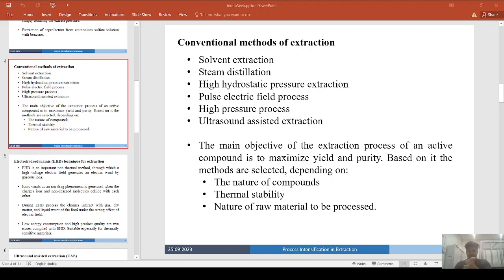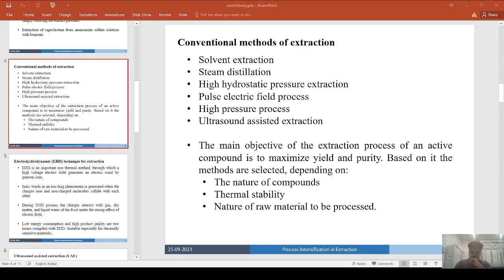Another reason for the requirement of intensification is that the confines of the conventional techniques make it obstinate to search for a new technique which is equally competent and at the same time economically viable. So basically, these are the reasons for the performance of intensification.